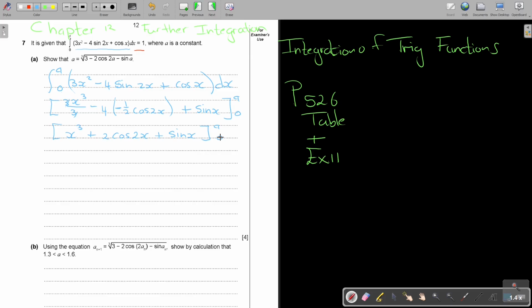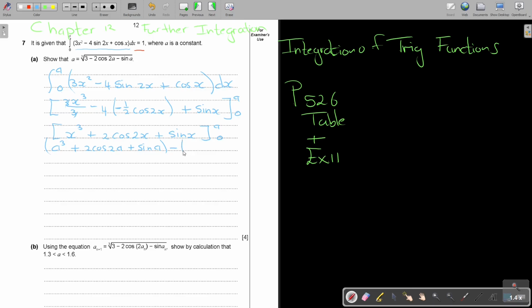Now I'm going to start by doing the substitution. In the place of x, I'm going to say a to the power of 3 plus 2 cos 2a plus sin a minus, and don't just assume it's 0. Be very careful and you will see now why.